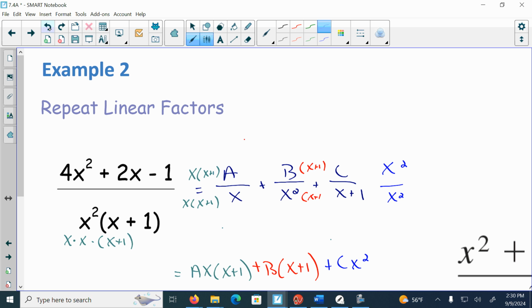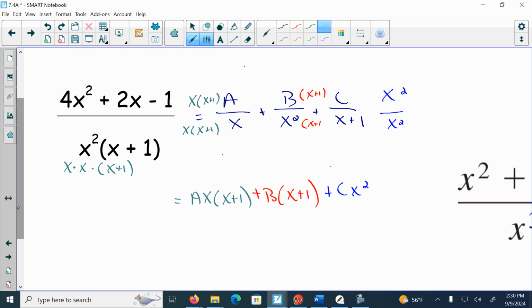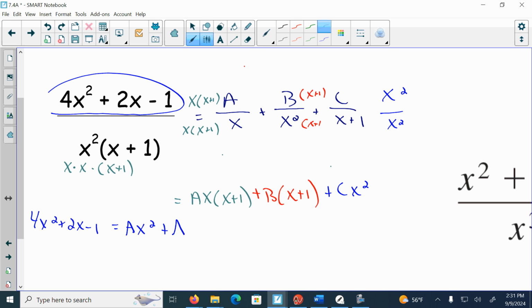You can, but let me just write the equation because I'm going to need the equations right now. So I'm going to have 4x squared plus 2x minus 1. Does everyone know where I got that? This guy right here. Is equal to distributing the ax. I'm going to have ax squared plus ax times 1, which is ax.